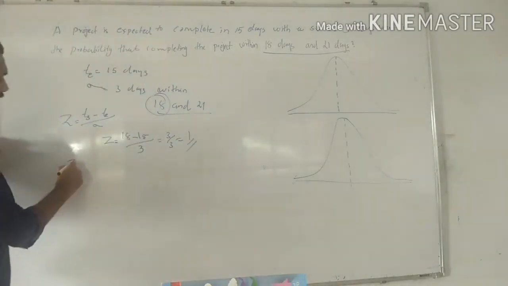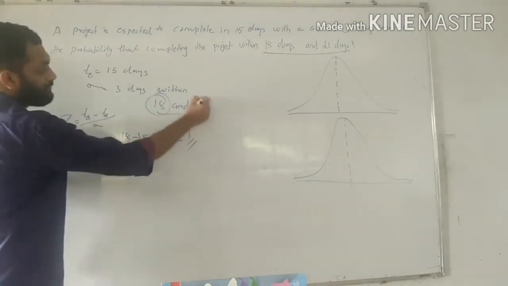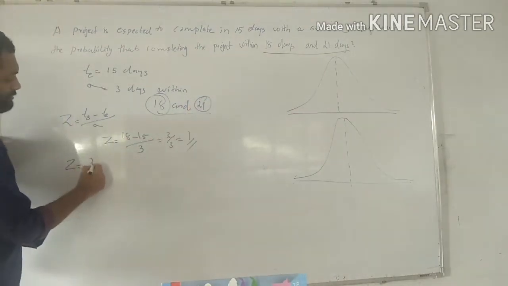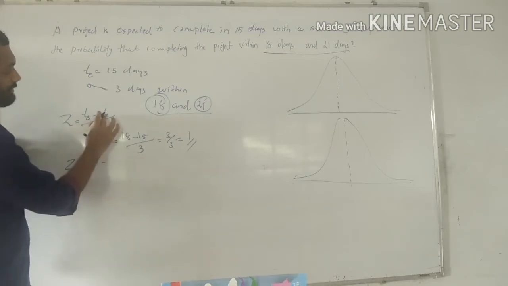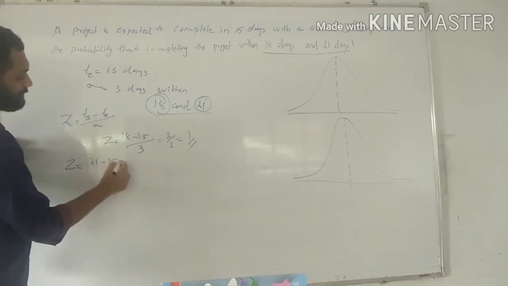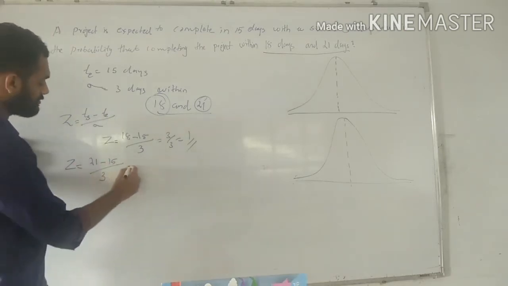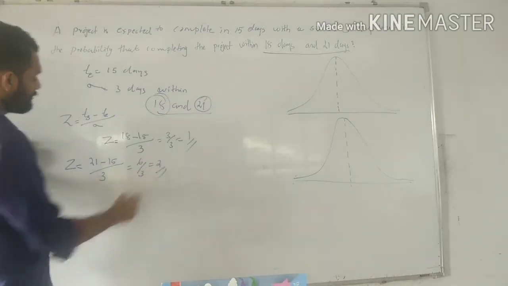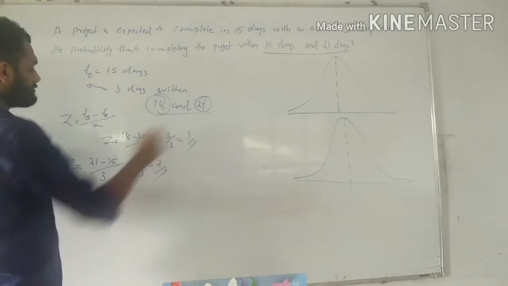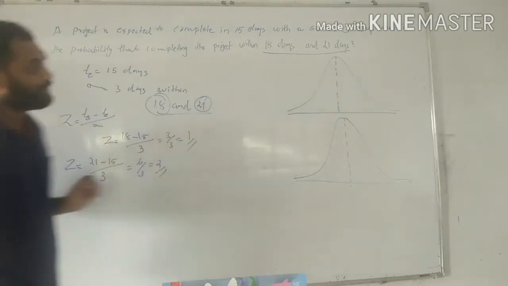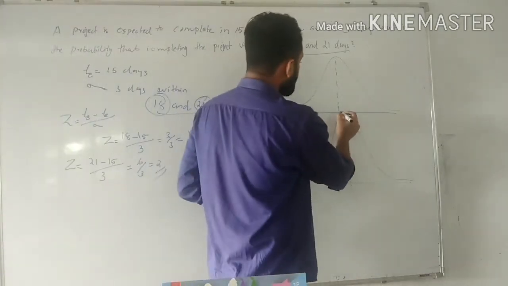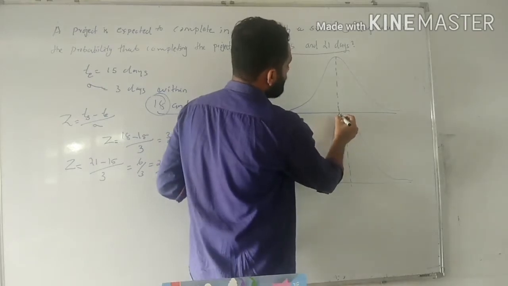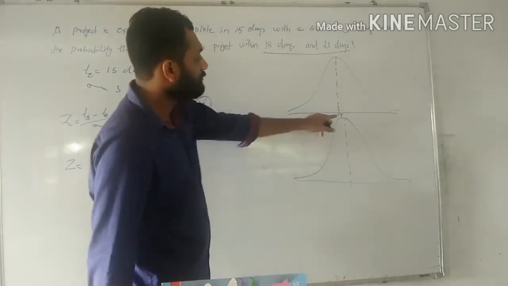Then for 21 days, 21 minus expected time 15 divided by 3 is equal to 6 divided by 3, which is equal to 2. Here for 21 days the value is 2. The mean value or expected value is 15 days.